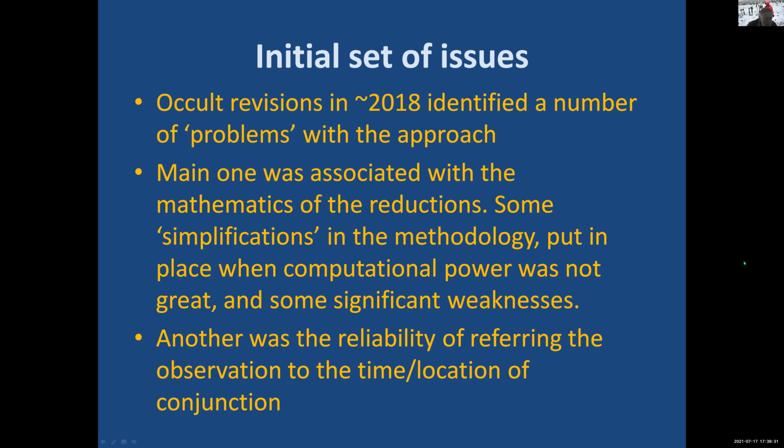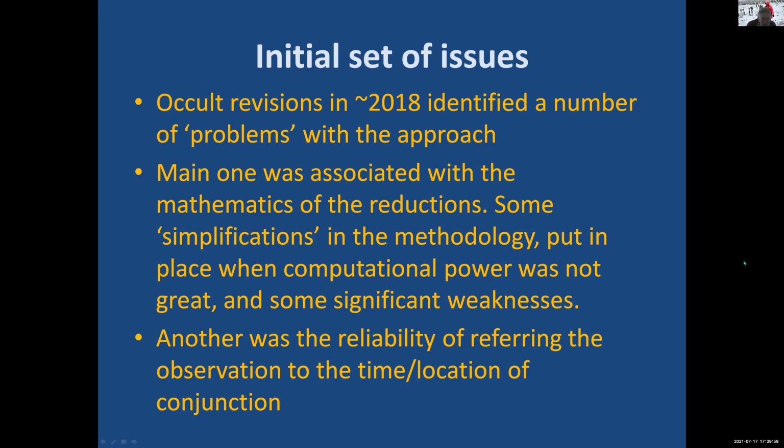So things were a bit clunky. And I put in place a number of simplifications of methodology. It was appropriate because of our computational power and my own computing abilities. And those approximations turned out having some significant weaknesses.